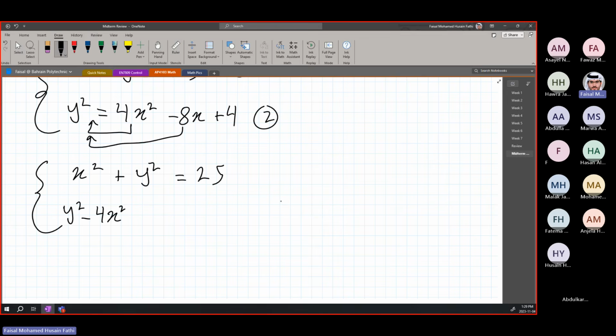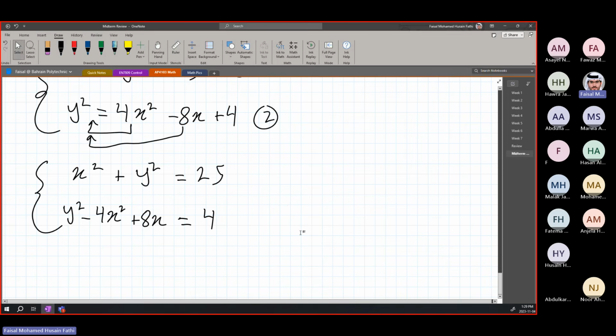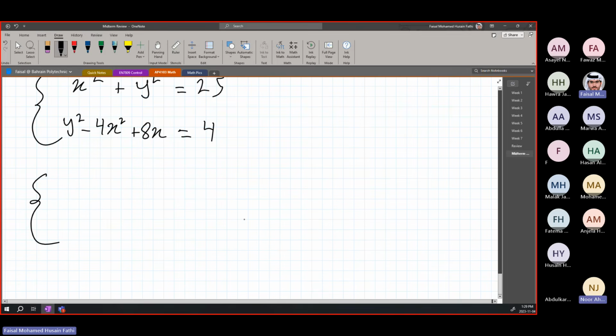And we're going to take the minus 8x, which will become plus 8x, is equal to 4. Okay? All I did here was just rearrange the equation, so all my x's are on one side, and all my numbers are on the other side. Further rearrangement, I'm just going to write x squared plus, I'm going to leave a gap, actually.